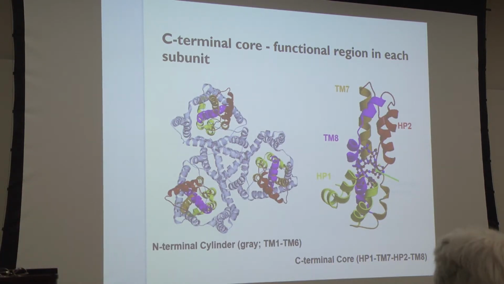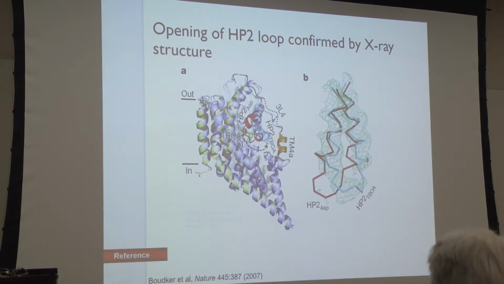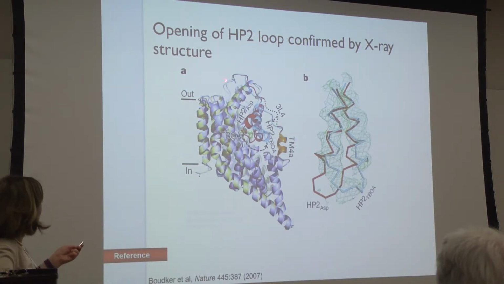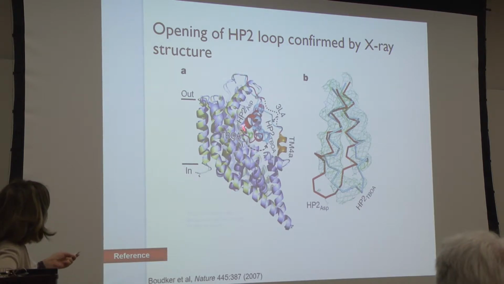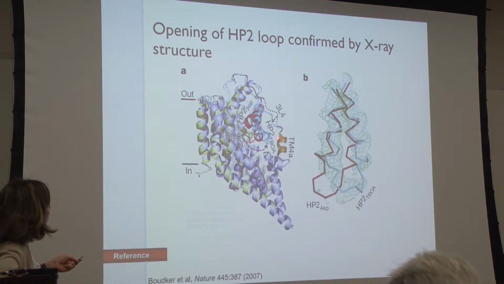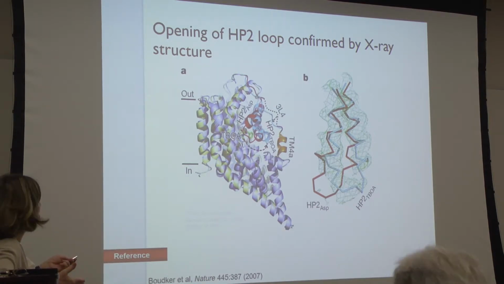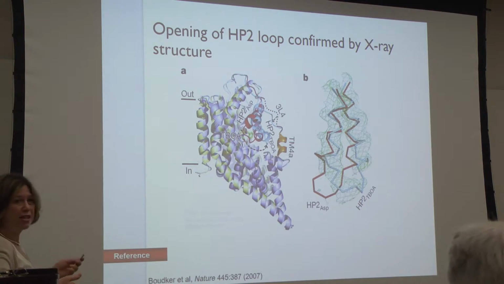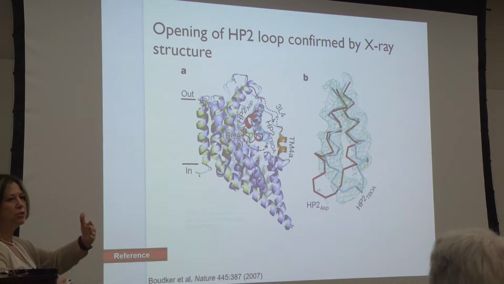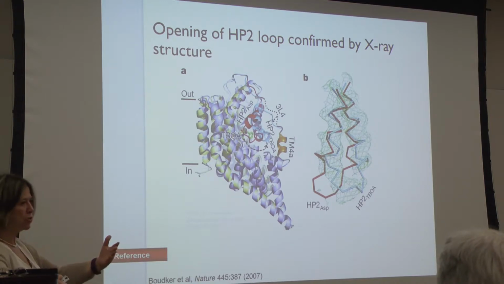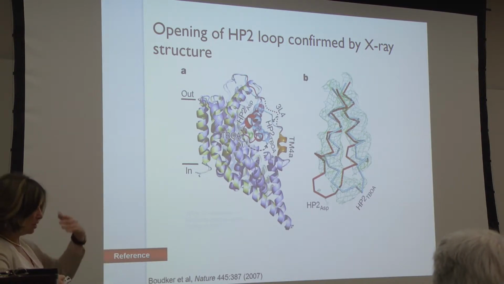Transport function. So this is a closer view of one of the subunits. All the activity takes place near these HP1 and HP2 loops. That's where a drug binds, or the glutamate binds. This is a secondary transporter in the sense that the transport of glutamate requires co-transport of sodium ions because it takes place against its potential increase.